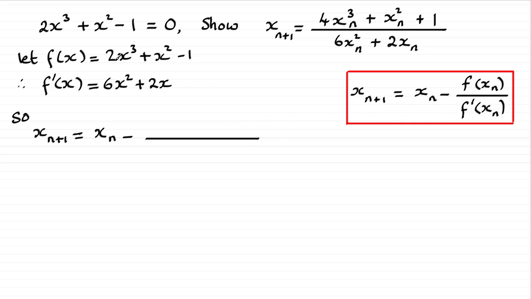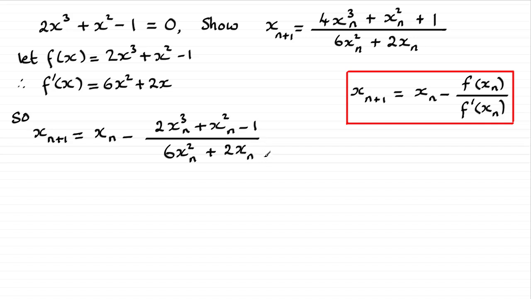So I just need to substitute x subscript n into here, and that's going to give me 2x cubed with an n there plus x squared, and again with subscript n there, minus 1. And it's all over that first differential. So just copy this result in. So we've got 6x squared with a subscript n plus 2x with subscript n.